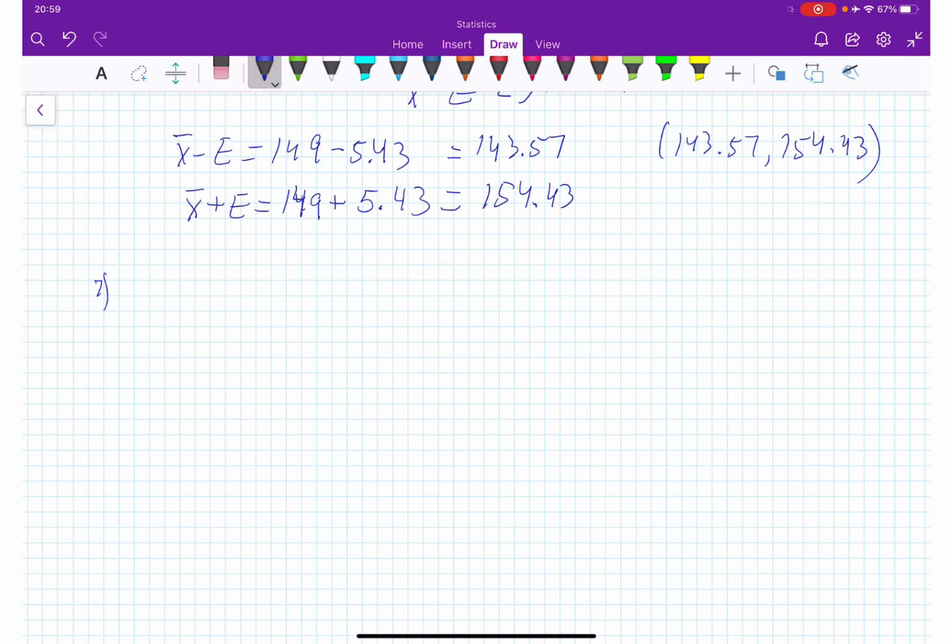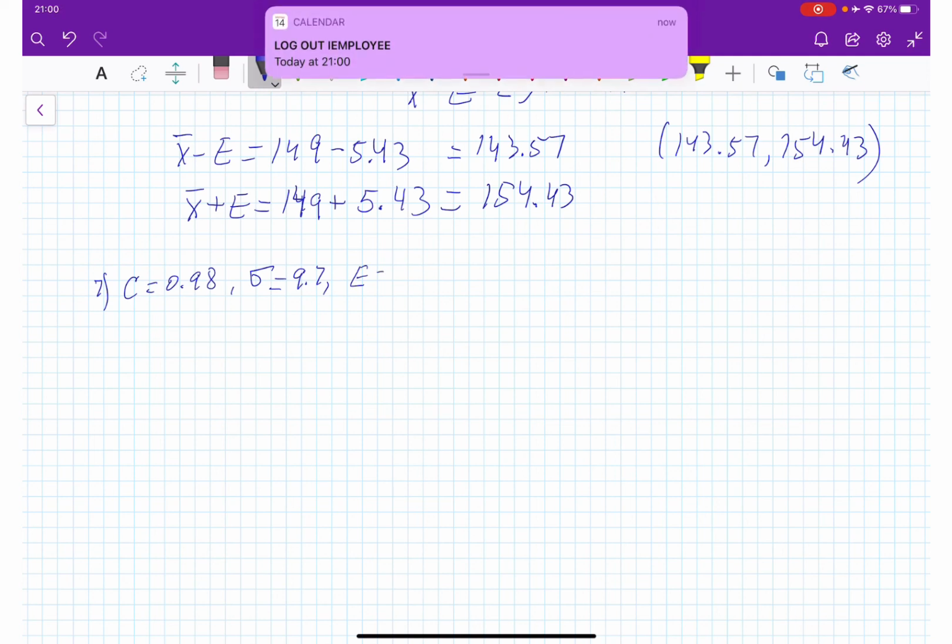All right, moving to question number 7. It says confidence level c is equal to 0.98, sigma is equal to 9.7, and margin of error is equal to 1.